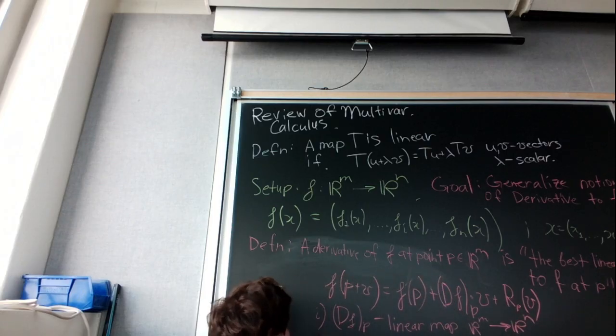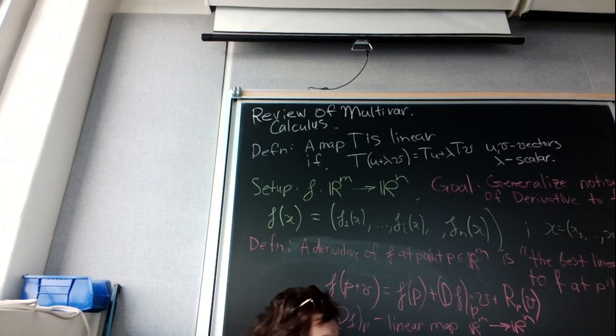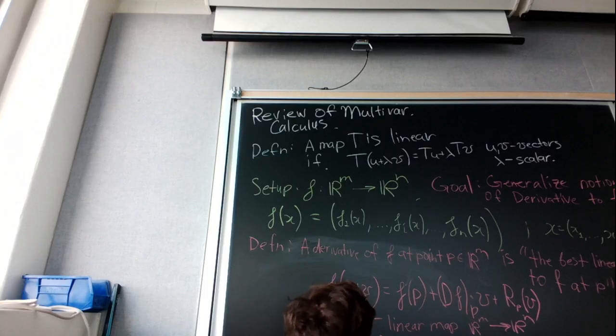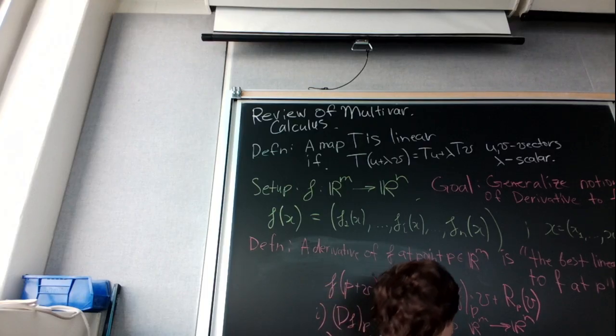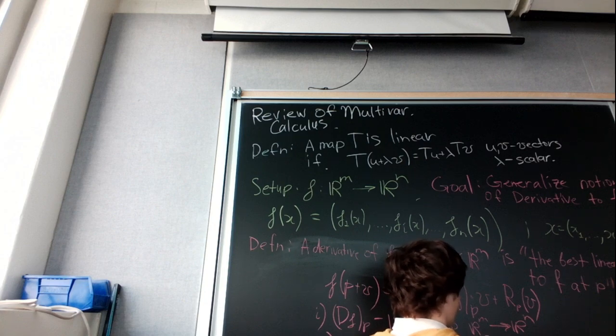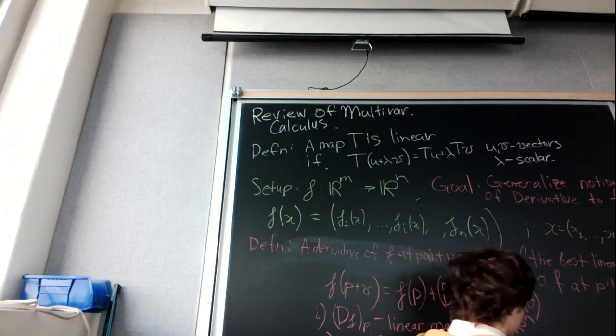Okay, and this Rp of v is also a map from Rm to Rn, but it is higher order, meaning what?